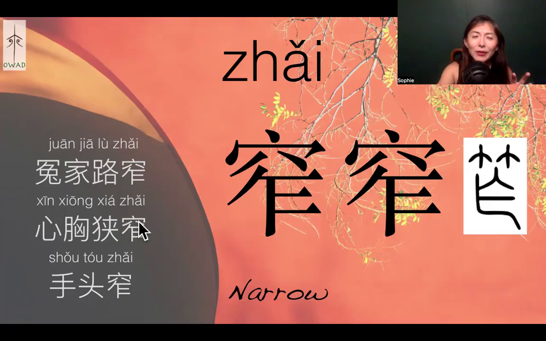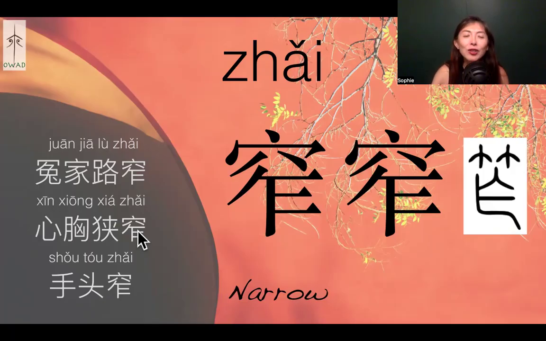So 心胸狭窄 is simply narrow-minded. Means you tend to hold grudges, which unnecessarily kind of burden yourself. So a lot of things you don't like, and that keeps accumulating inside you.